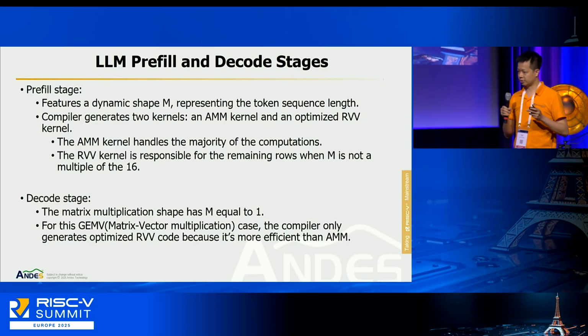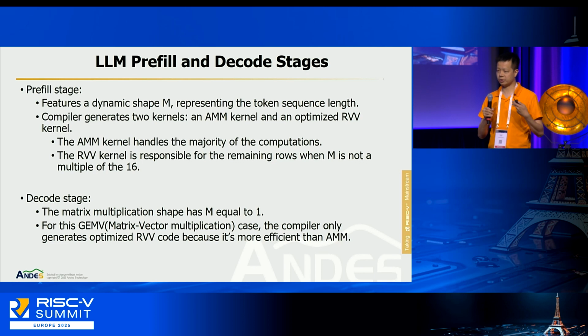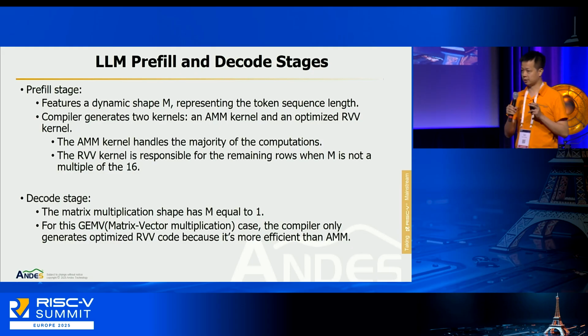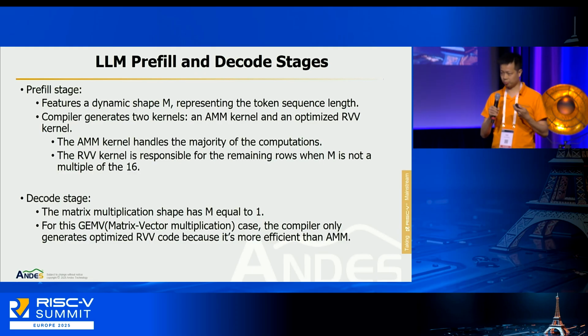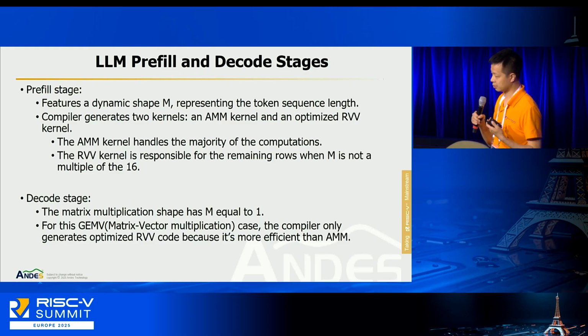So in our approach, we generate two kernels to handle the dynamic shape. The primary one is the AMM kernel, which performs most of the computations. And the second is the RISC-V kernel, which handles the remaining rows when M is not a multiple of 16.